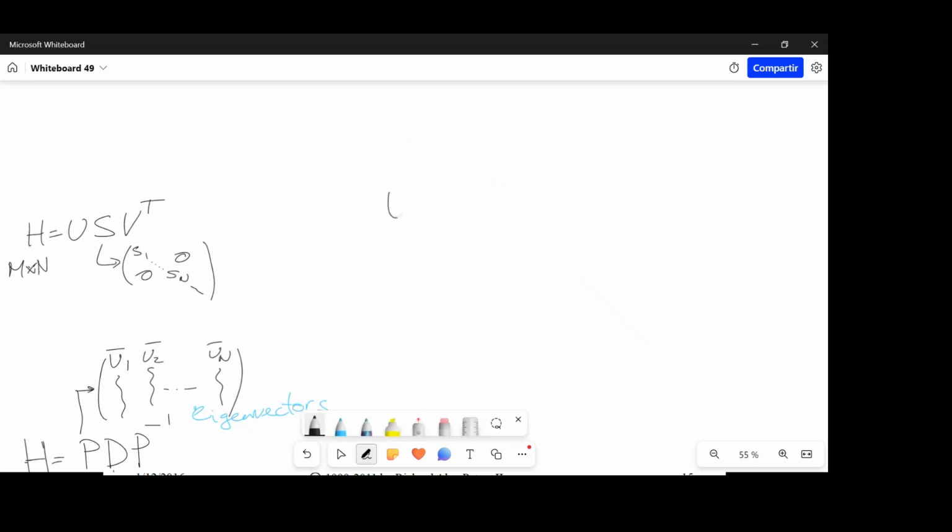A matrix U is unitary if U times U transpose is identity, and U transpose times U is identity. And you may not remember, but this is the definition of the rotation. This is a rotation. Look at, remember this matrix.